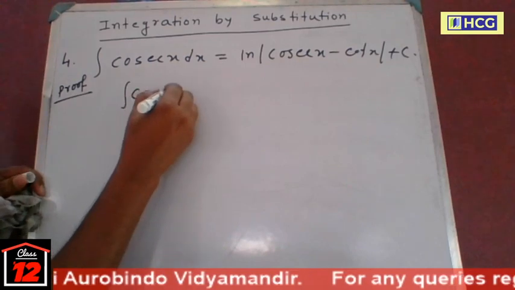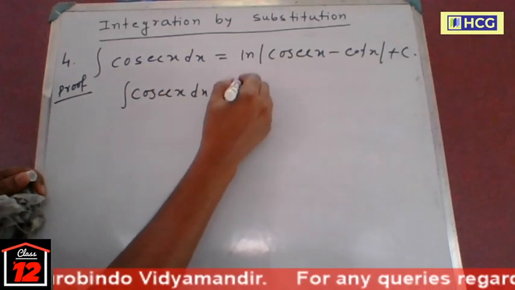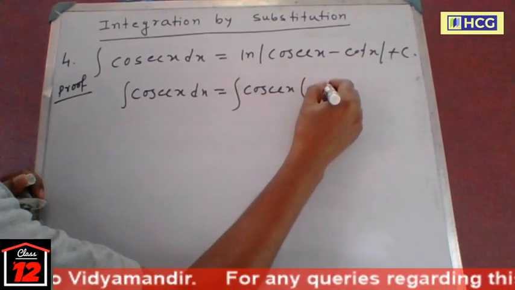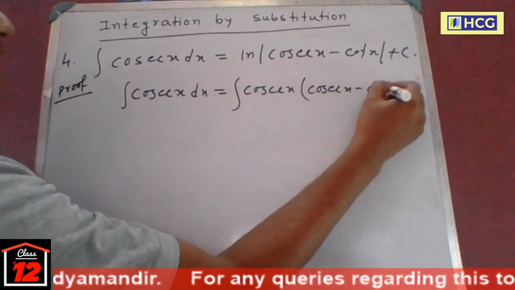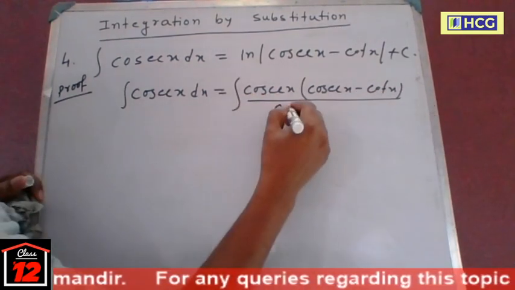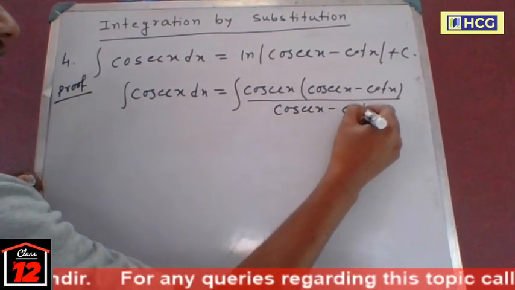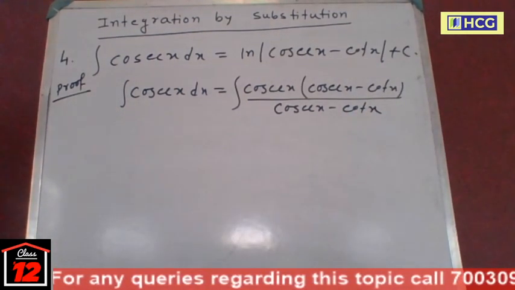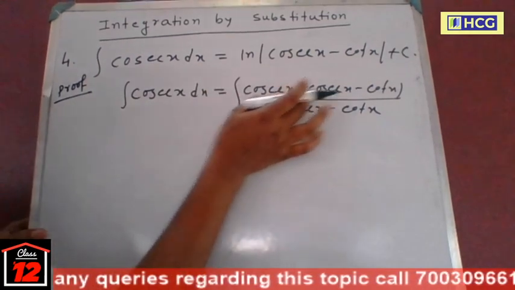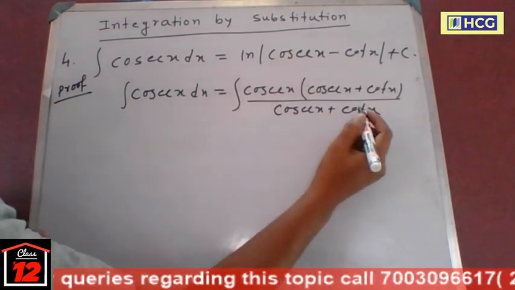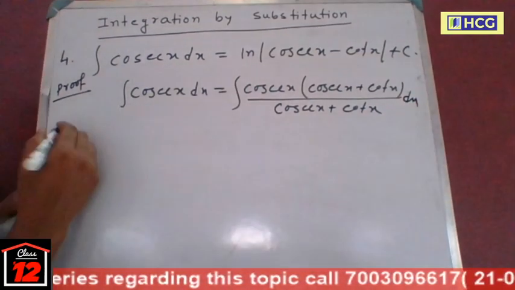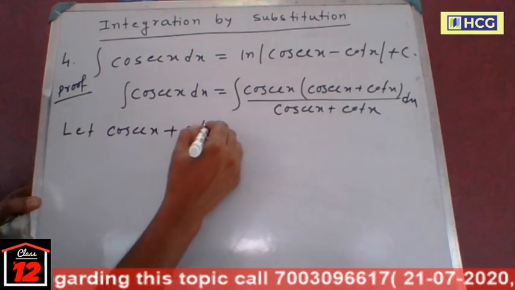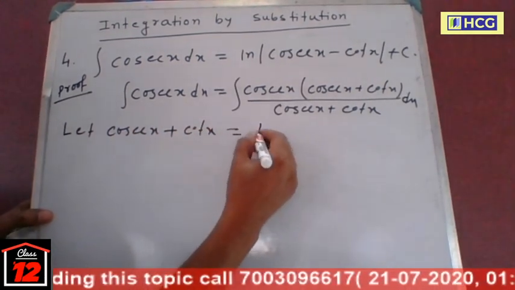Integration cosec x dx equals, write cosec x into cosec x minus cot x divided by cosec x minus cot x. Now this is equal to integration cosec x into cosec x plus cot x divided by cosec x plus cot x dx. Now let cosec x plus cot x equal to t.